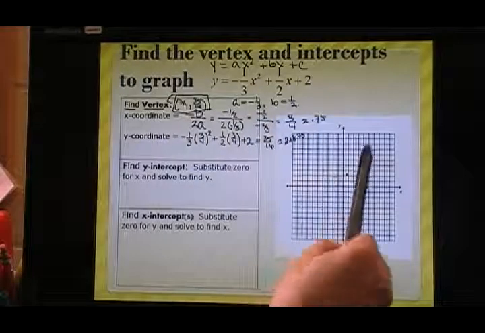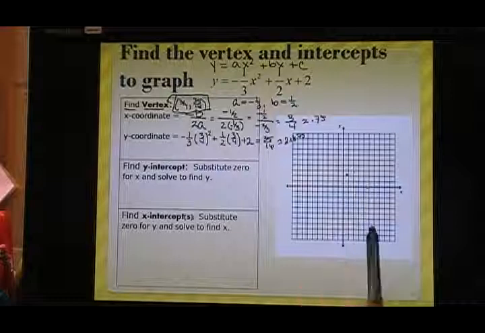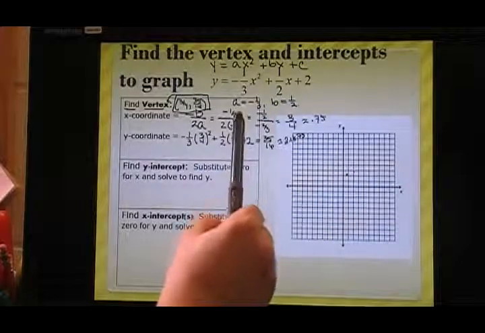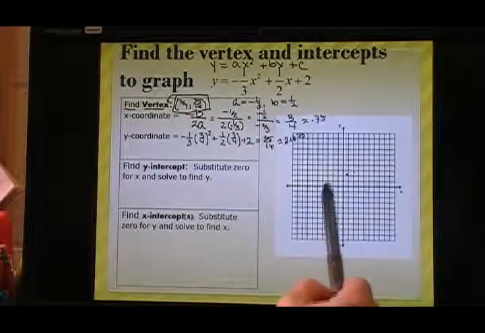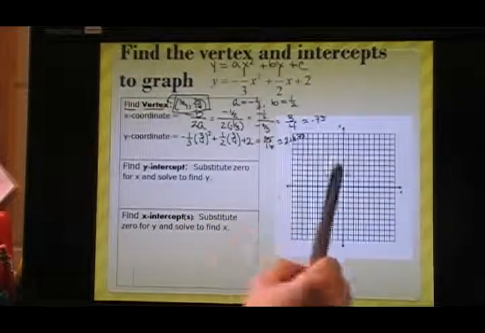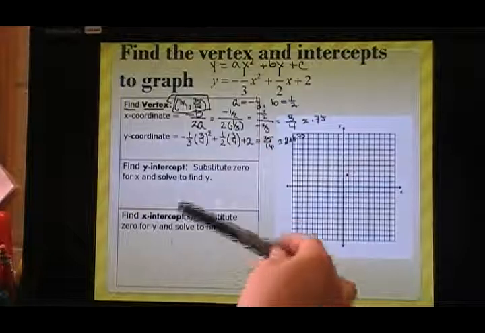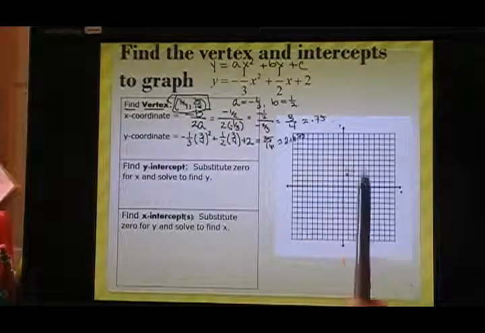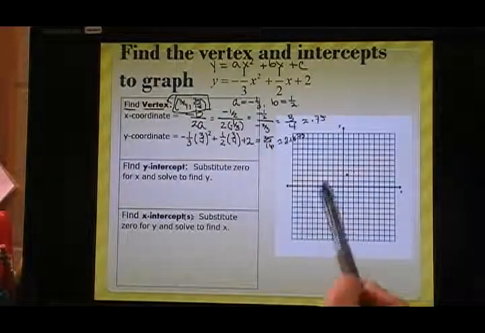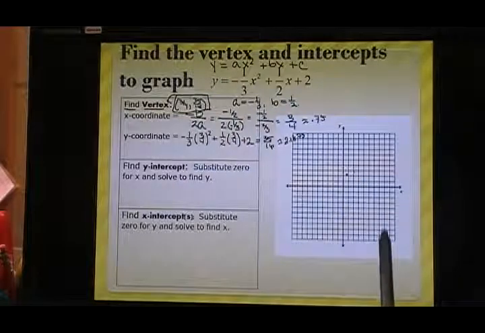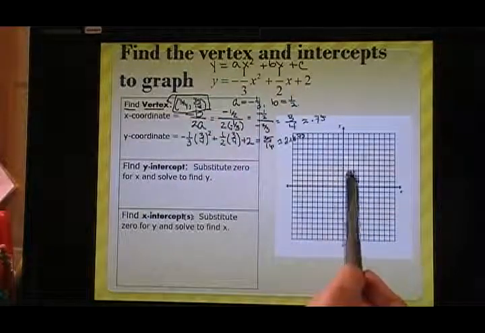So it's either going to go up like that or it's going to go down like that. If a is a negative number, it opens down. If a is positive, it opens up. So this parabola, when I find these other points, should correspond to a parabola that opens down. Okay? So there's my vertex.